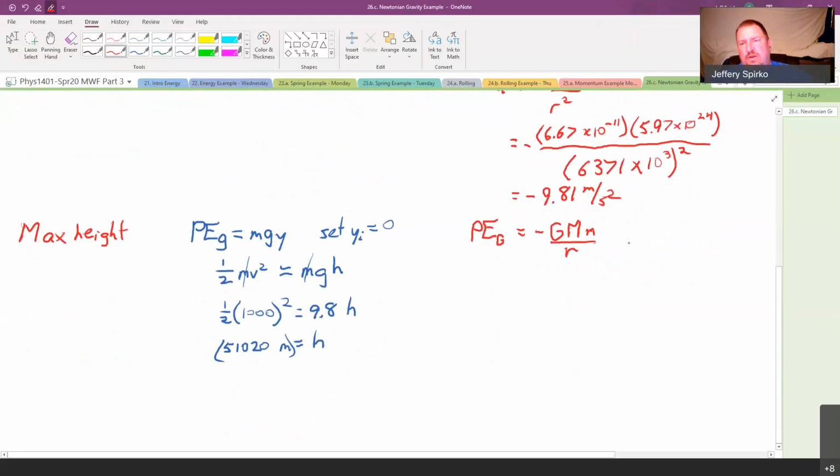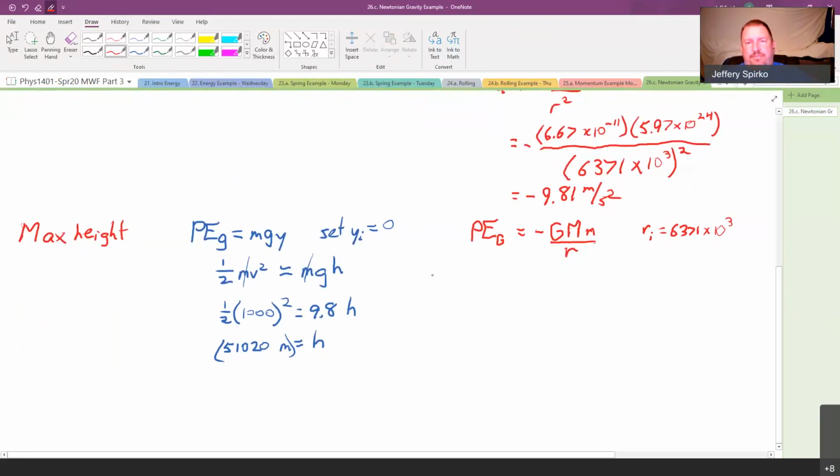And R initial is equal to 6371 times 10 to the third. We don't get to set R equals 0 at the beginning because R equals 0 is when the center to center distance equals 0, and we're not starting from the center of Earth, we're starting from the surface of Earth.